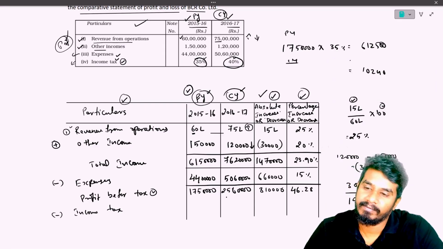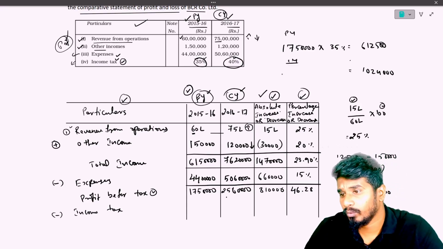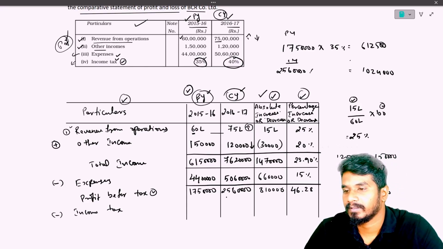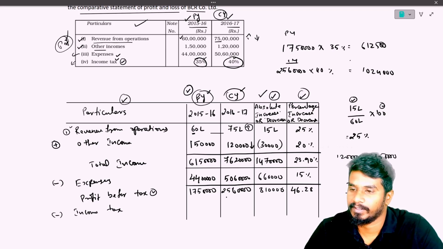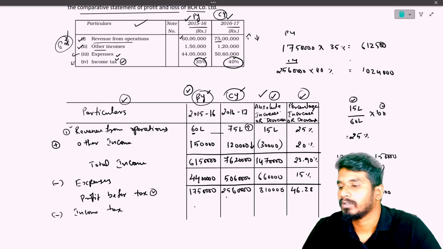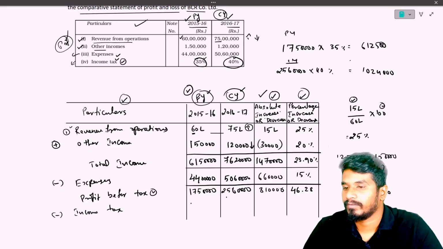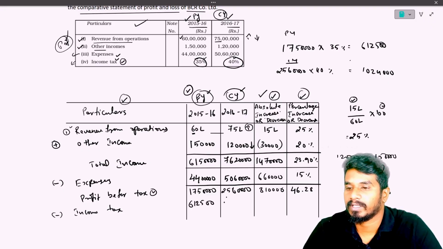How we got it? 25 lakh 60,000 profit before tax into 40 percentage. You got this one. So write it down. For previous year 6 lakh 12,500 and for the current year 10 lakh 24,000.